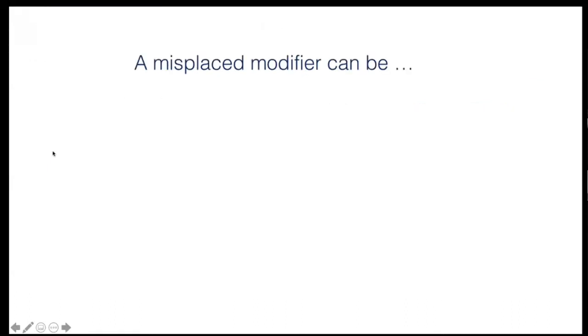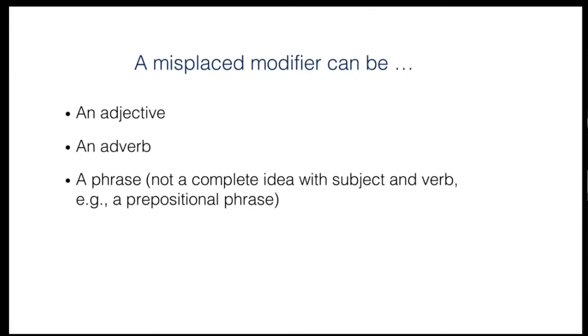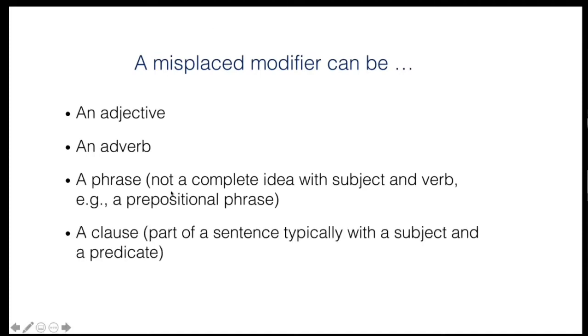A little bit more about misplaced modifiers. A misplaced modifier can be an adjective. We've seen this. An adverb. It could be a phrase. In brackets, I just remind what a phrase is, how it's different from a clause, and it can be a clause.